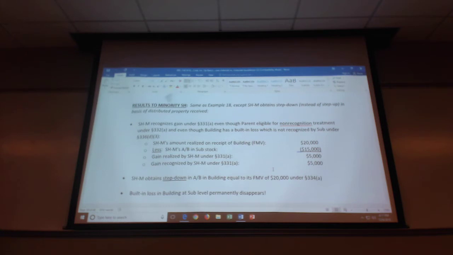The corporation wasn't allowed to deduct that loss, but now the minority shareholder is stuck with a basis of $20,000. So that built-in loss of $15,000 is gone forever.